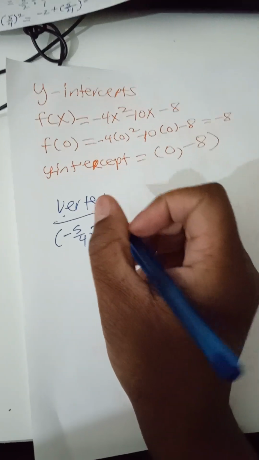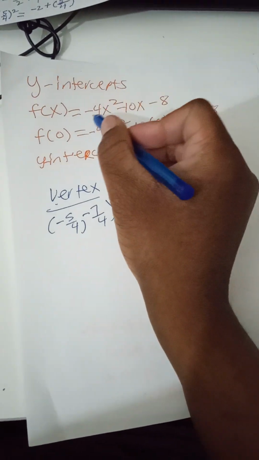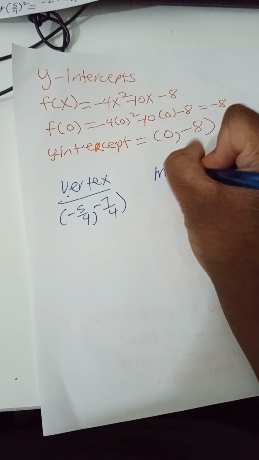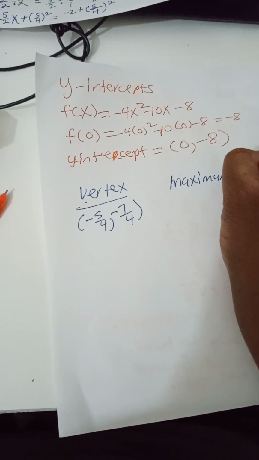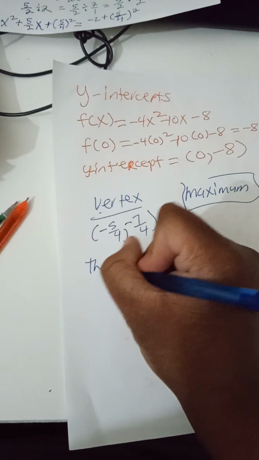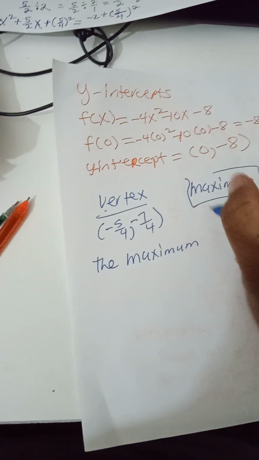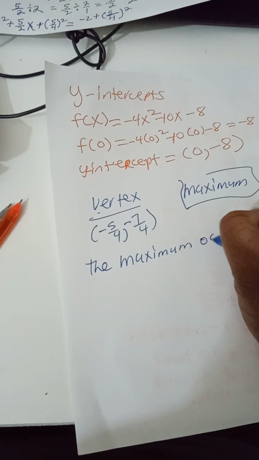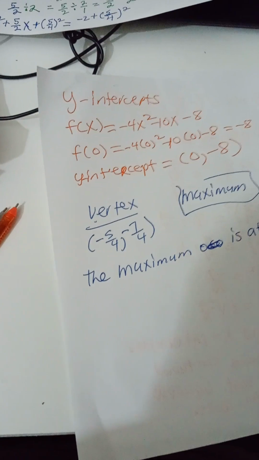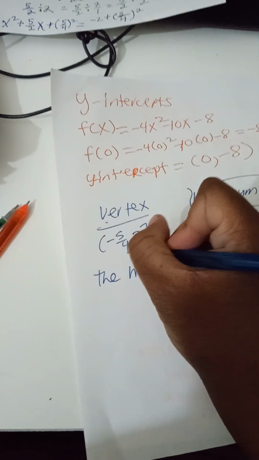So since we had a leading negative in the problem, it's -4x squared, so there is a maximum, and the maximum is at -7/4, and that is the y value.